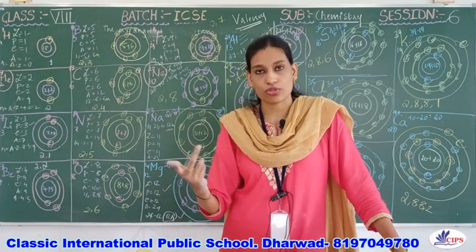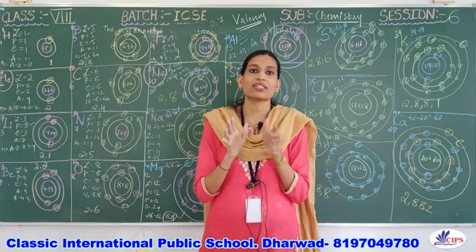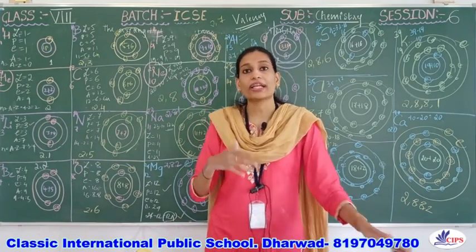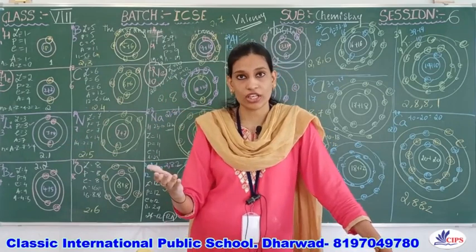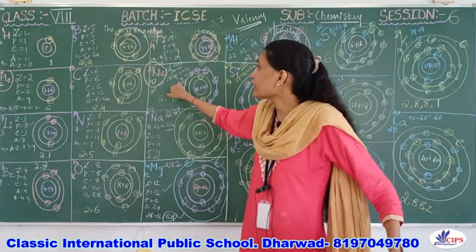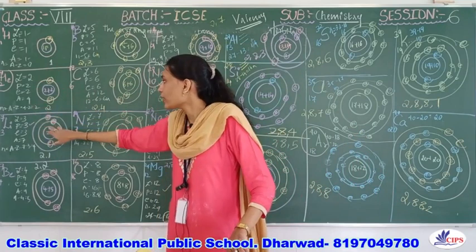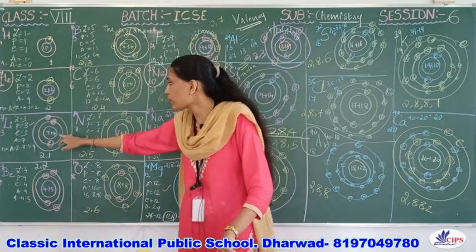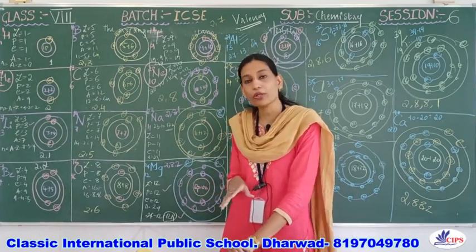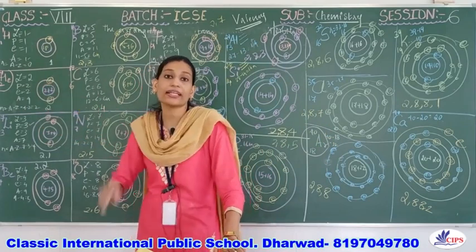Lithium will lose its 1 electron, and when it loses 1 electron, it becomes stable. To attain the nearest noble gas electronic configuration, it cannot become stable like neon because it needs 7 more electrons. So it will lose this 1 electron to become stable like helium.